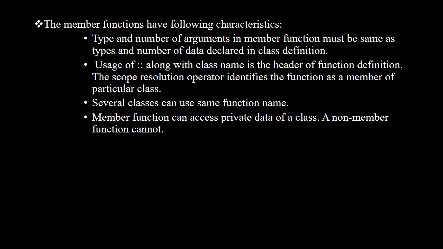It identifies the function as a member of a particular class. Several classes can use the same function name. And the last one is a member function can access private data of a class, but non-member functions cannot access private data of a class.